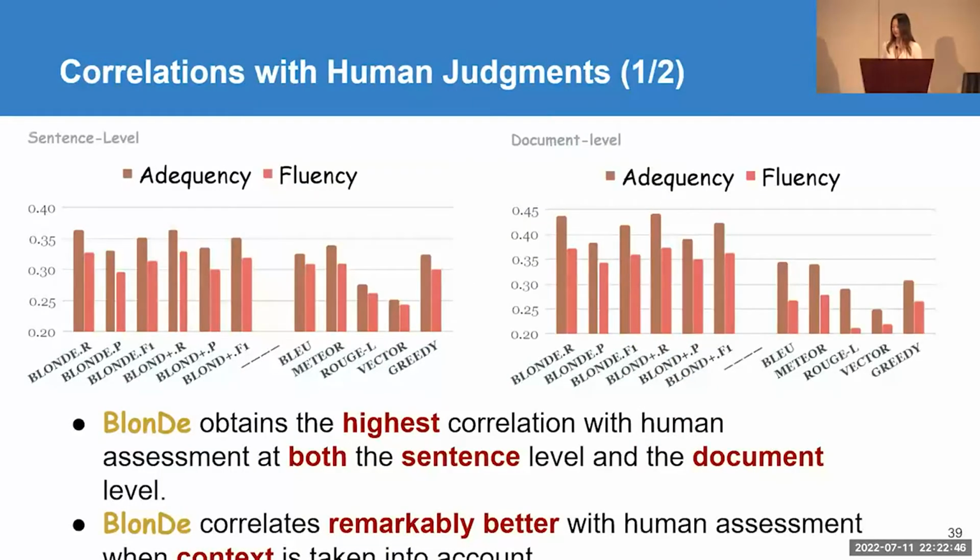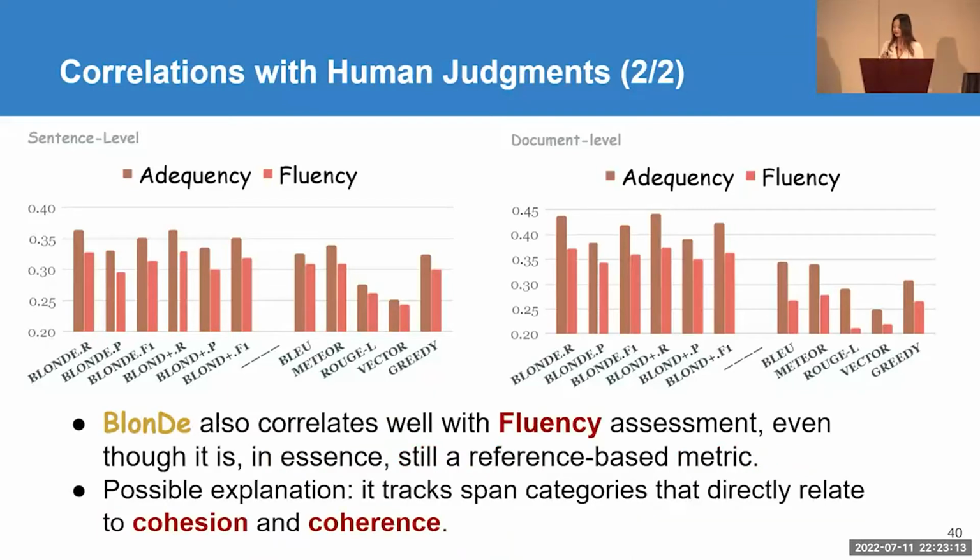And we also did some human evaluation. As shown in these two plots, first we can see BlonDe obtains the highest correlation with human assessment at both the sentence level and the document level, which is surprising, and indicates the discourse phenomena we considered in BlonDe are also beneficial for sentence level translation. And of course, BlonDe correlates better with human assessment when context is taken into account.